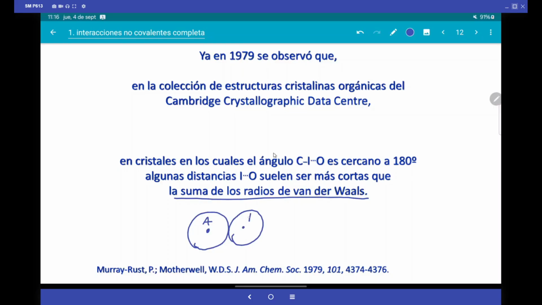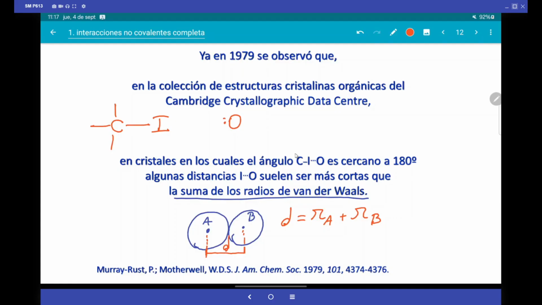If they are tangential, the distance, always measured from the core, from the center, would be equal to the radius of A plus the radius of B. And if here it is being said that the halogen-oxygen interaction is shorter than the radius of A plus the radius of B, it means that they are overlapping, and therefore that there is a strong attractive interaction.